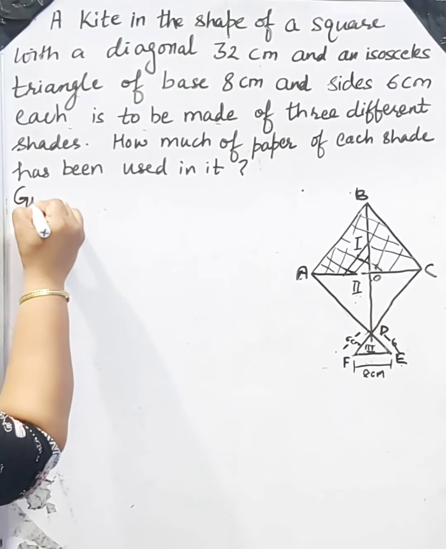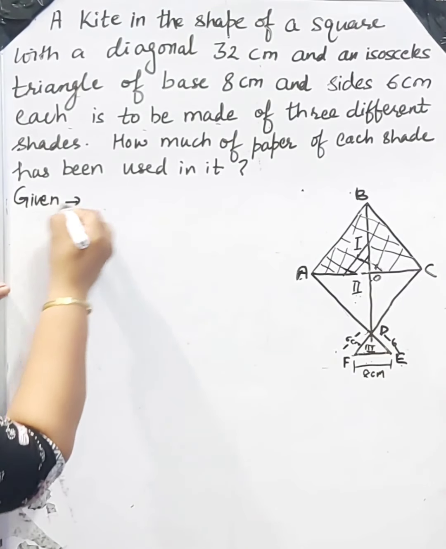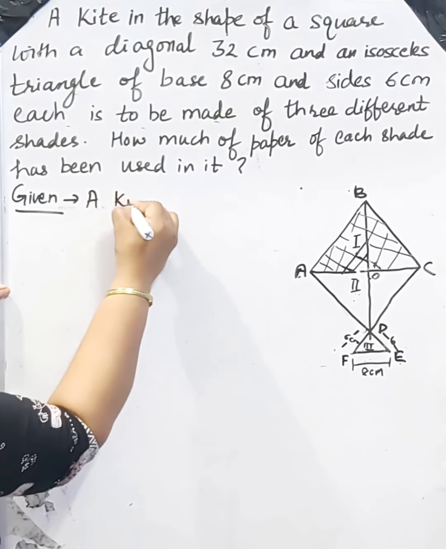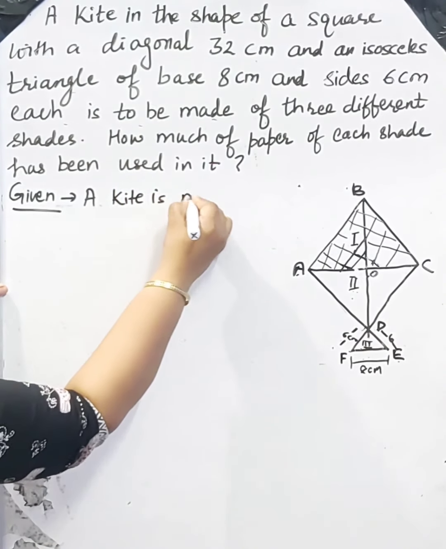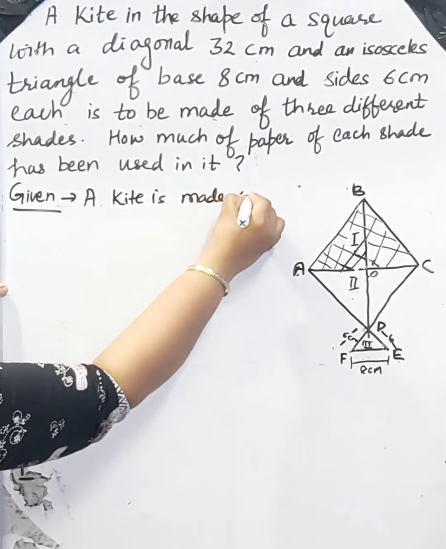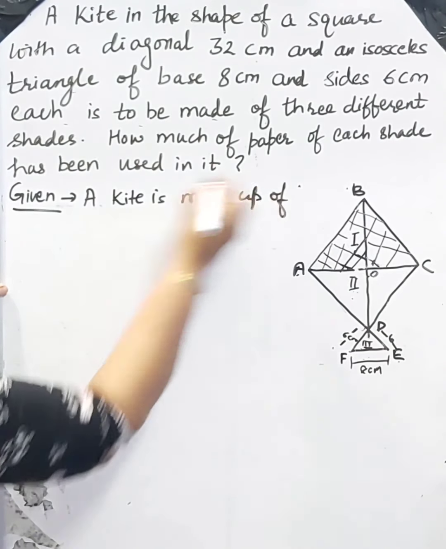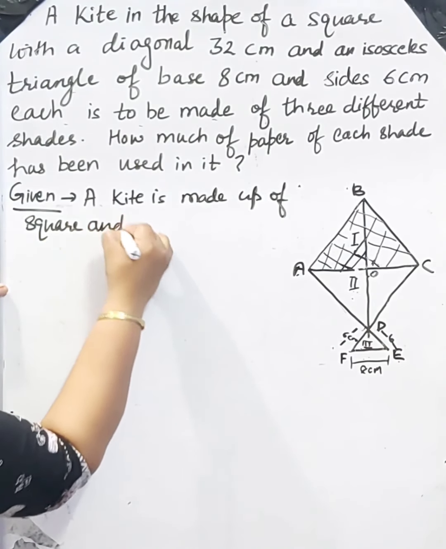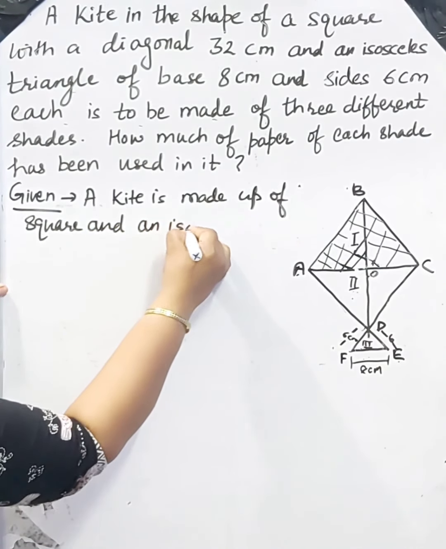Now what is given in this question? Given is that a kite is made up of a square and an isosceles triangle.